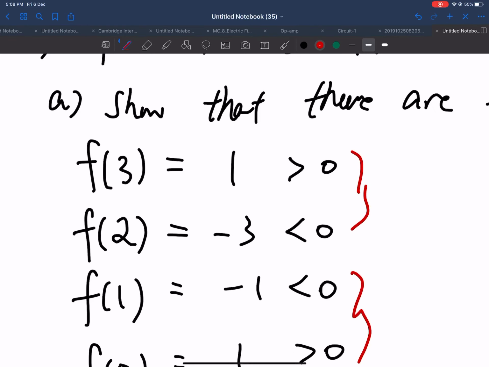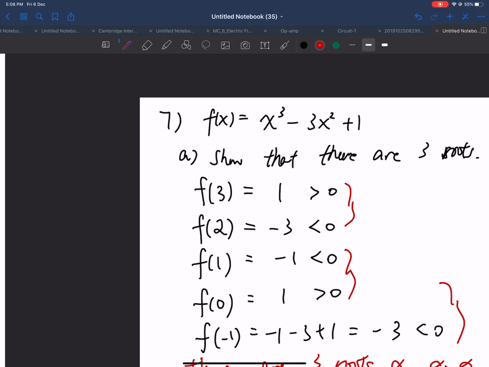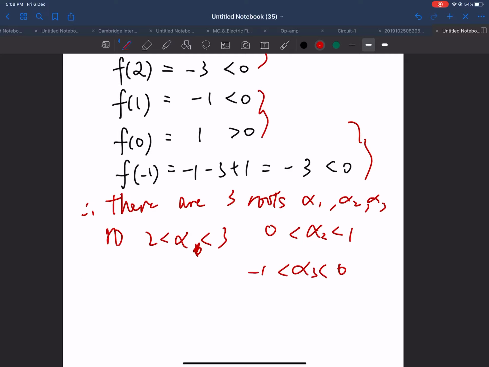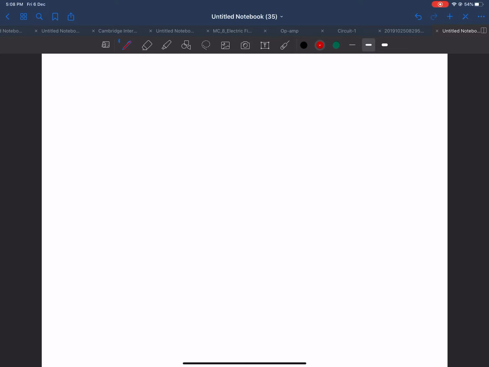That's a midpoint. Each of the roots, we have to do it 3 times. So try 0.5, negative 0.5, and 2.5, the midpoint of each region. Also, we have 3 intervals. Why do we need all those midpoints? Because we need to prove it. The midpoint should be more accurate.